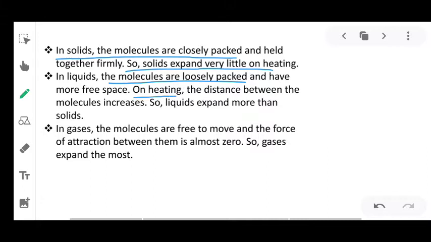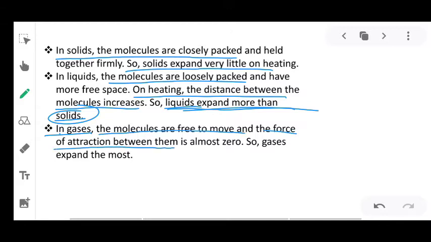So on heating, liquids expand more than solids. In gases the molecules are free to move and the force of attraction between them is almost zero, so gases expand the most.